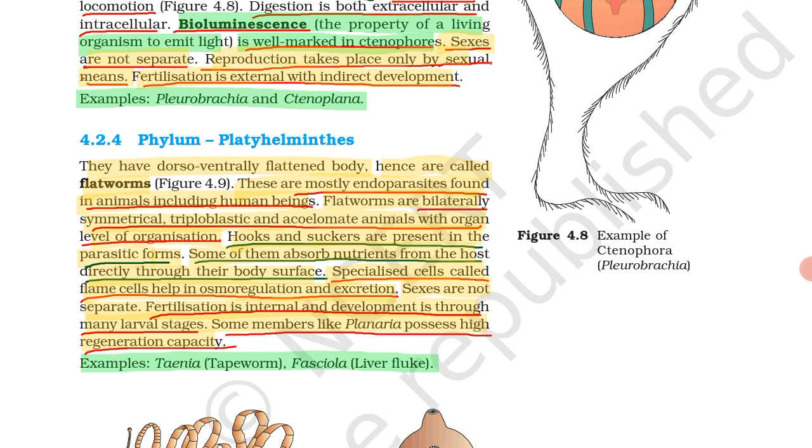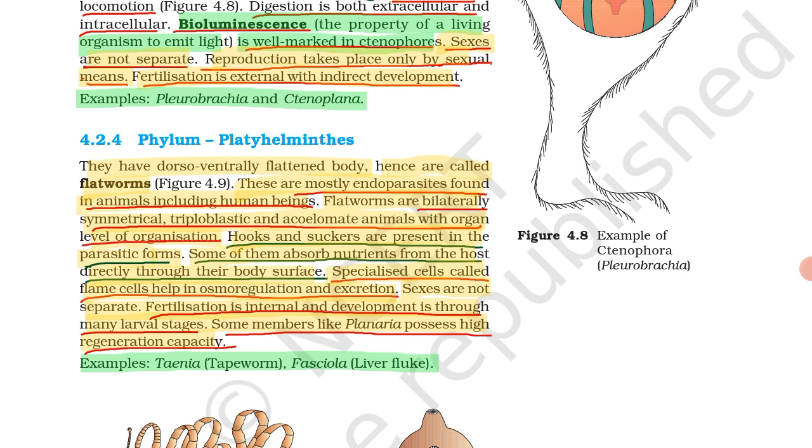Whenever this organism goes inside the intestines of human beings, it possesses hooks and suckers. With these hooks and suckers, the organism sticks to the intestines and takes the nutrition of human beings, and they represent a parasitic form.